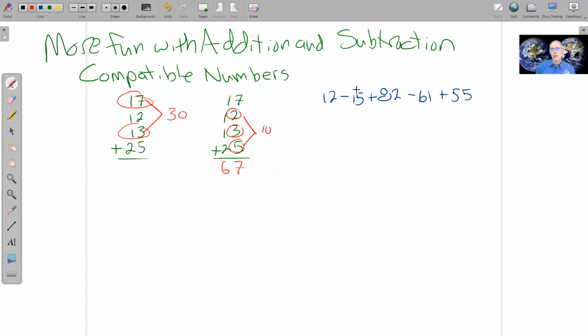So as far as the minus 15, I'm thinking of the plus 55 over there, and I would say those are compatible in my head. And so I could take the 5 away, which means 50, and then take the 10 away from 15, and that leaves 40. So that pair for subtraction was compatible to me.